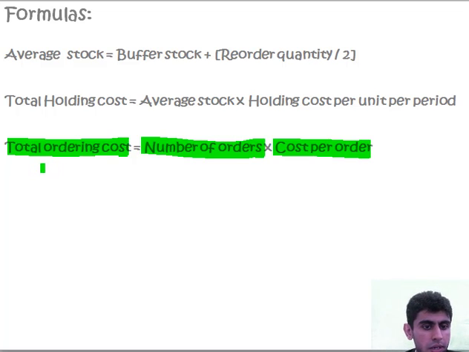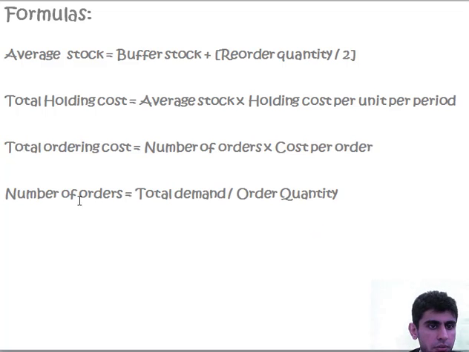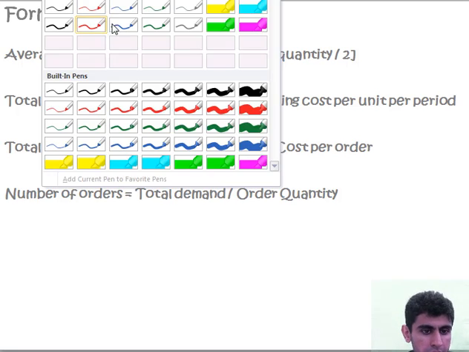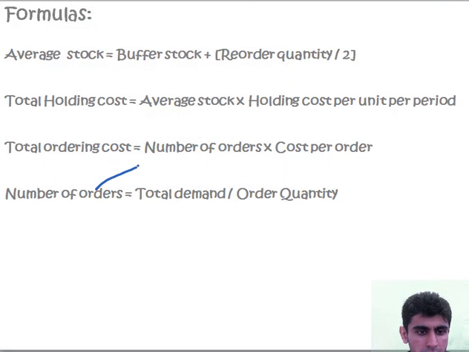In that case you will have to see how many orders you are going to place in 1 year times cost per order. Now moving on, the last formula that we have is number of orders, that you are actually using in your total ordering cost formula. So number of orders is equal to total demand over order quantity.